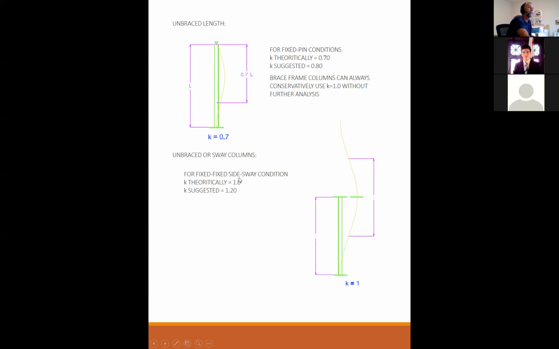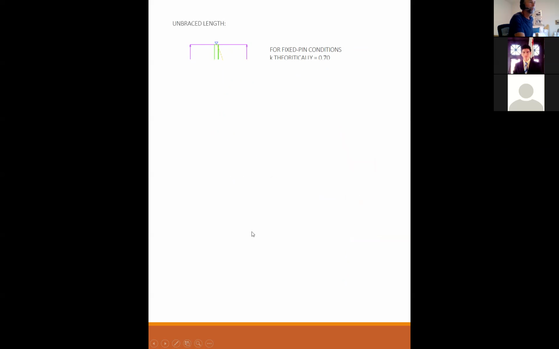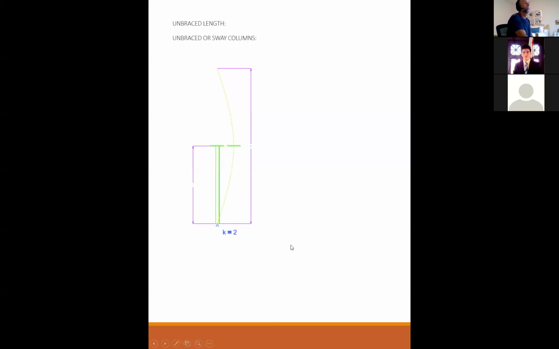For a fixed side-sway condition, in other words, the column is fixed at the bottom and fixed from rotation at the top, but the whole column can sway back and forth, then this is a theoretical K of 1.0, but it's suggested to use 1.2. For a fixed-pin side-sway condition, same thing as before, but now we're pinned at the bottom and fixed at the top, but they can sway to the side, then K theoretically is 2.